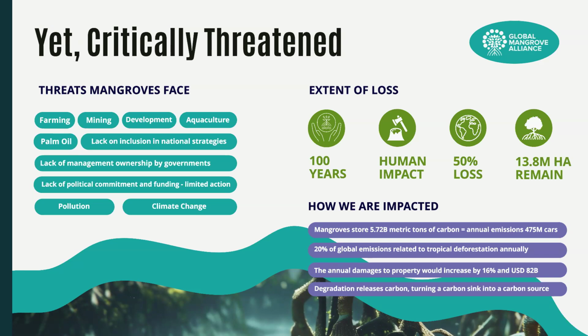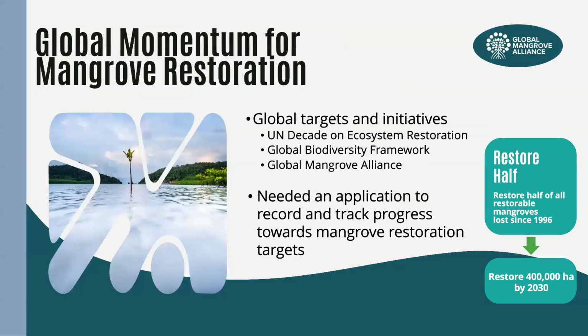There's a great understanding of the need to conserve these and restore the mangroves that we have lost through time, and that's why there's been this really huge push globally to try and restore as many mangroves as possible.